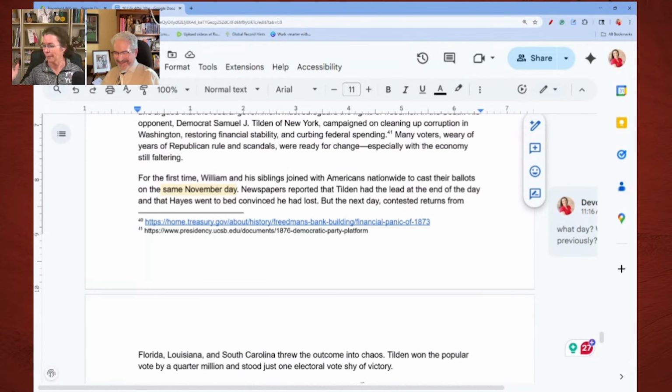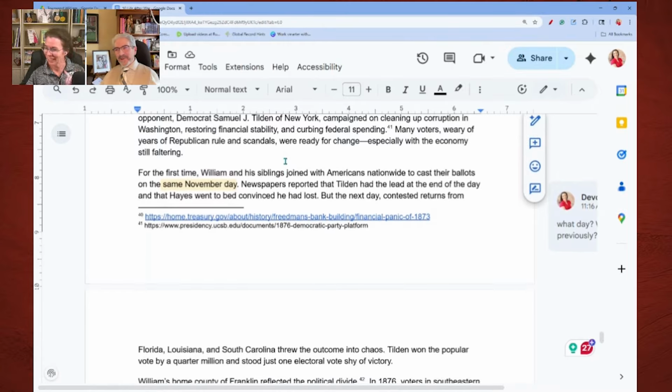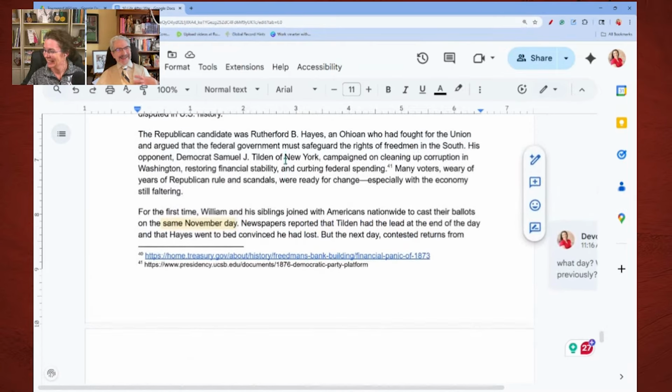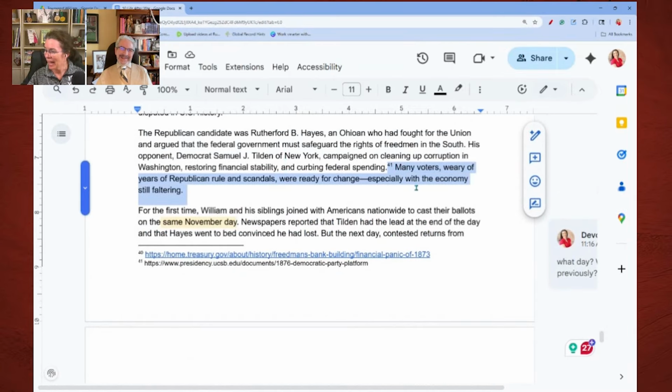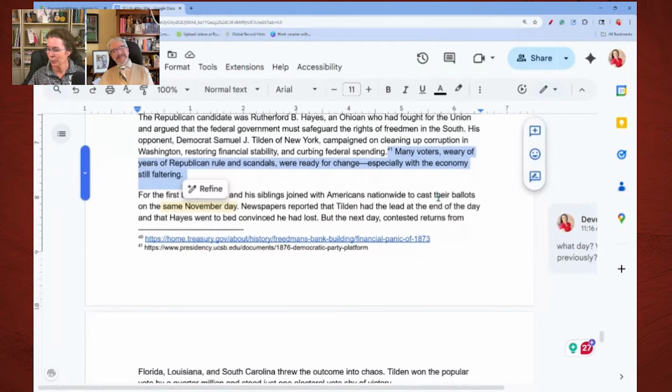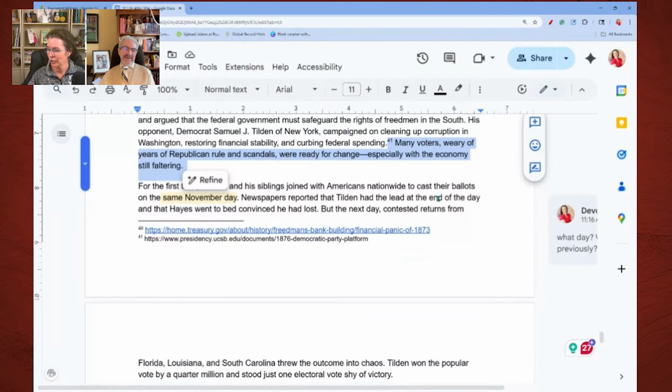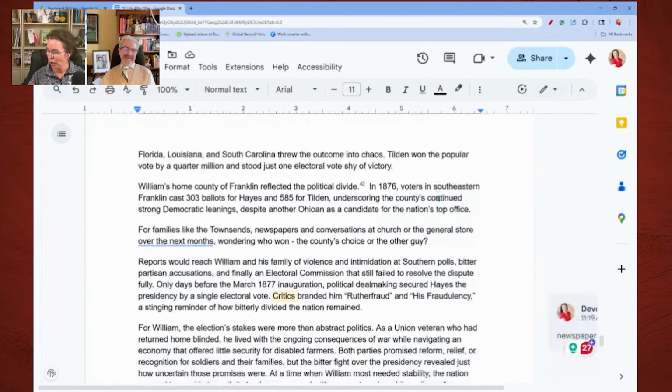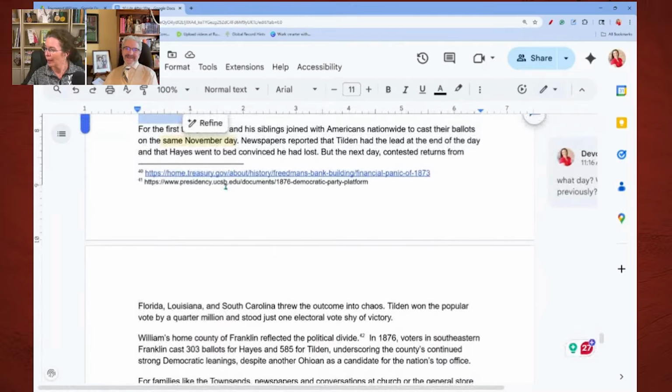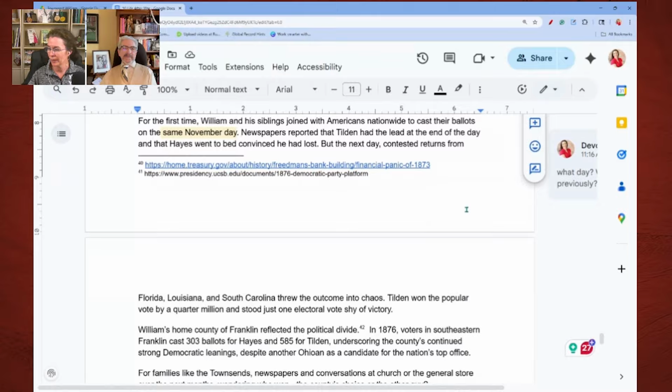I love the hyperbole. Many voters were weary from Republican rule and scandals, and were ready for change, with the economy failing. Newspapers reported that Tilden had the lead at the end of the day and that Hayes went to bed convinced he had lost. Does that sound familiar?